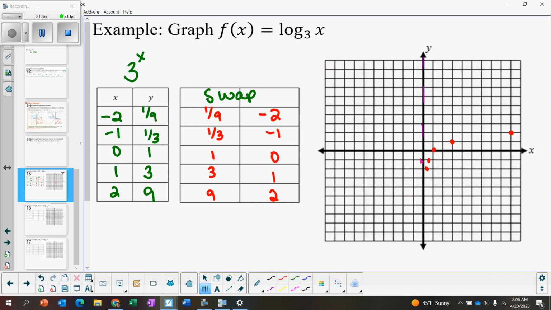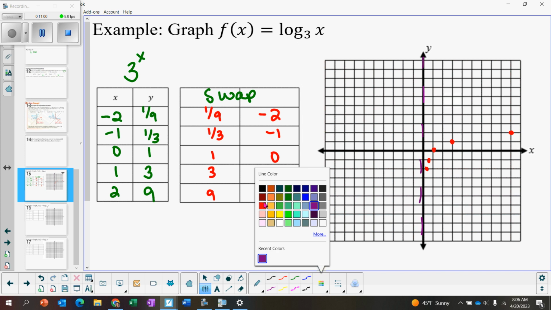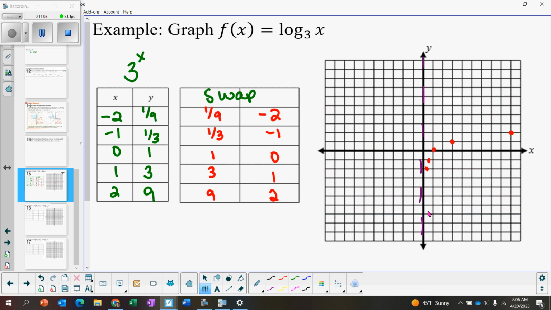So I'm not going to cross this line here, and it's very hard to see when I go over it like that. So we're going to get real close, but never touch it here. All right, we're going to pretend that didn't really curve there, that it went straight down, but that's not going to make it any better right now. So I'm going to ignore it. All right, so that is the graph of log base 3 of x.